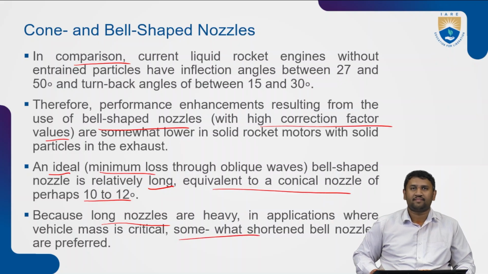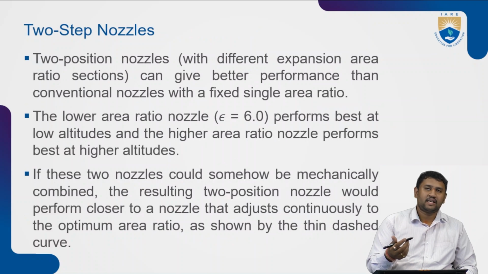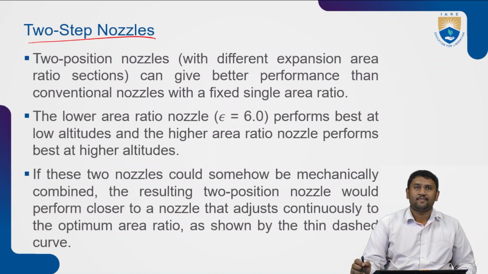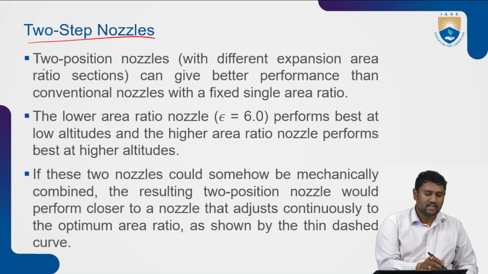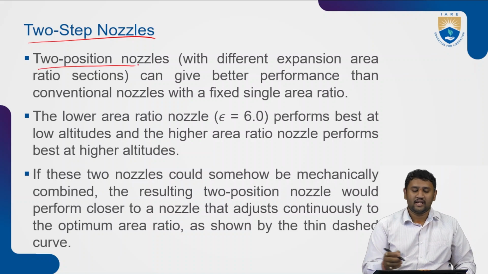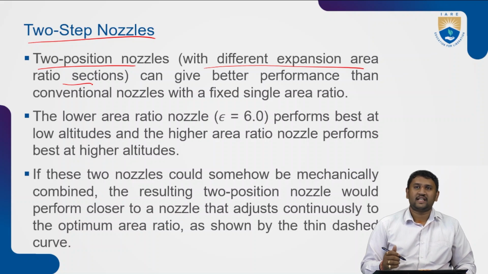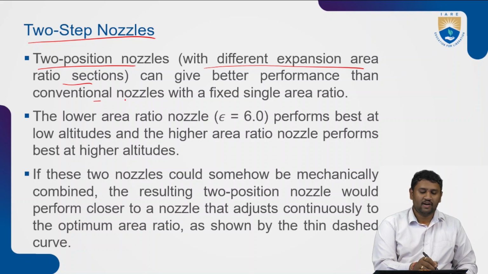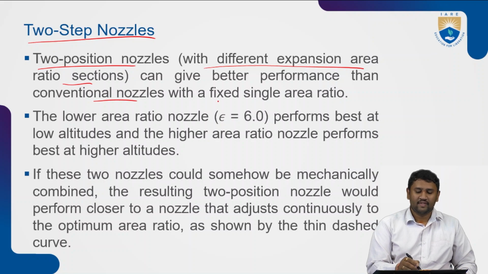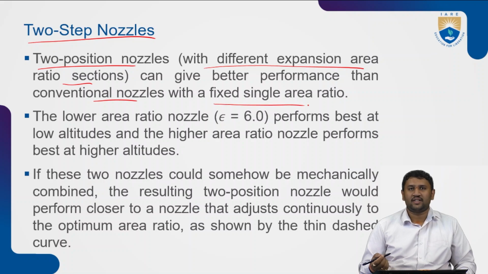Now, considering the next type of nozzles, that is two-step nozzles, which can also be called two-position nozzles, meaning with different expansion area ratio sections, which can give better performance than our conventional bell nozzles having a single fixed area ratio.